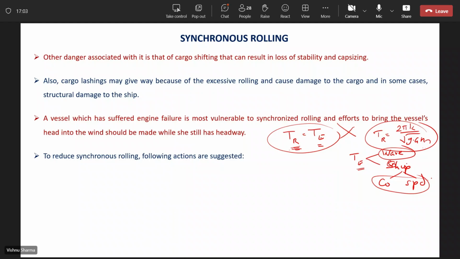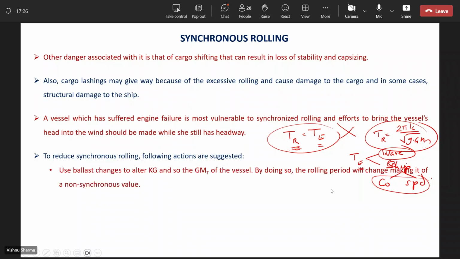Technically, if somebody wants to change the TR, that is also in order. But practically, TE will be the most viable option to avoid synchronous rolling. Yes or no, beta? Am I right? Correct? Yes, sir.